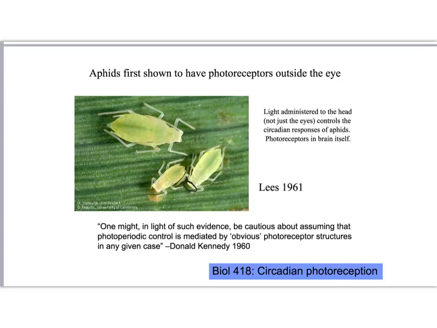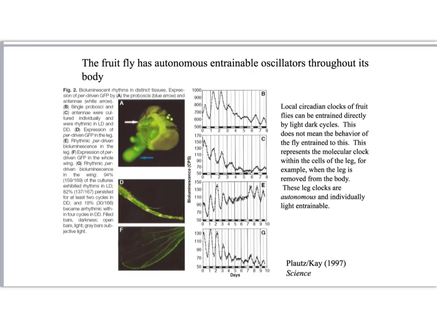And in fact, people wanted to explore whether other insects would have the same property. And using Drosophila as a model, in this case what we have are flies that have the per-luciferase construct, per-luc, in their whole body. And what these authors did is to isolate parts of the fly.